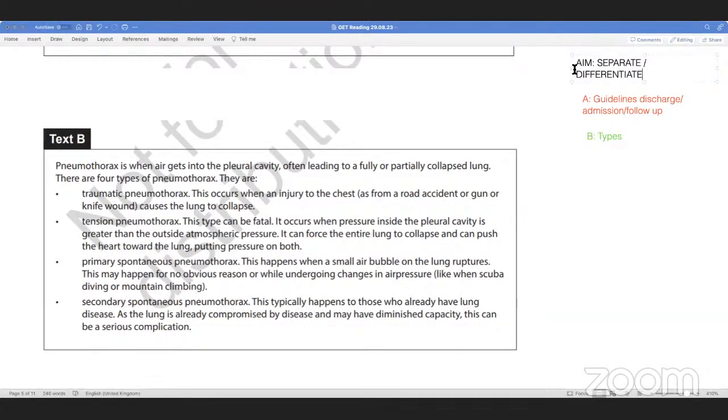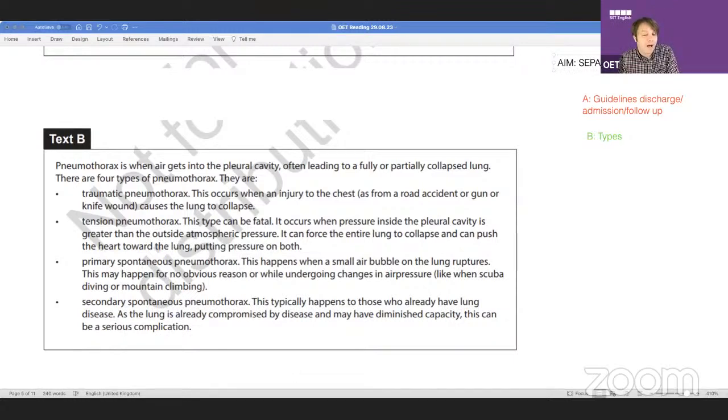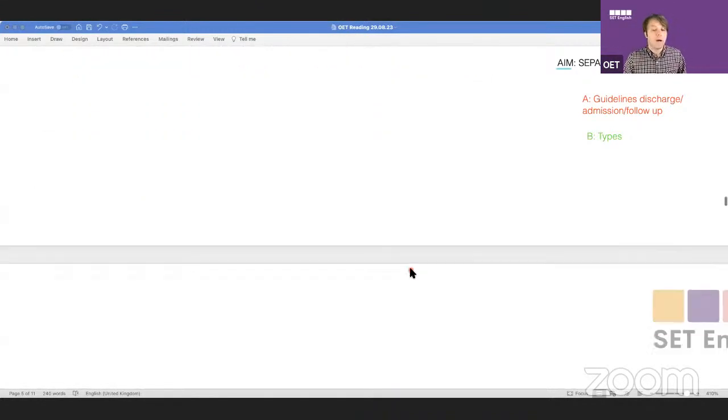Right? Differentiate the text. We need to know what is different about them. Things that are the same are not useful because this analysis is trying to help me find the answer. So pneumothorax, very bad. Types, okay. Anything else? Well, let's just say types. I think that's good.